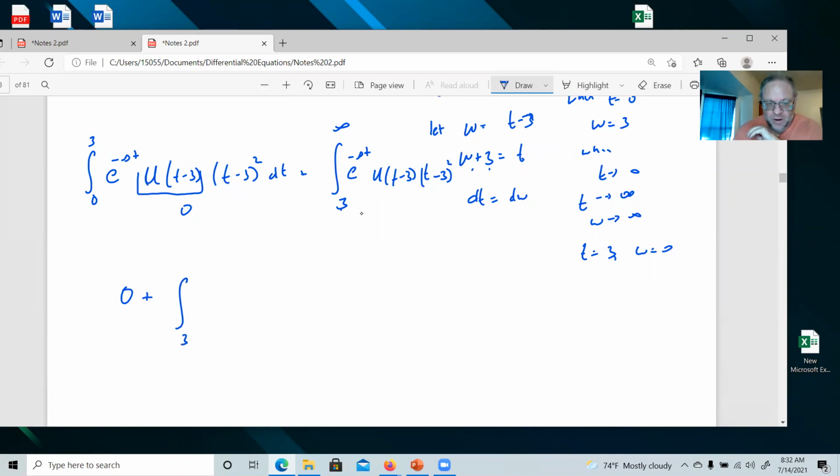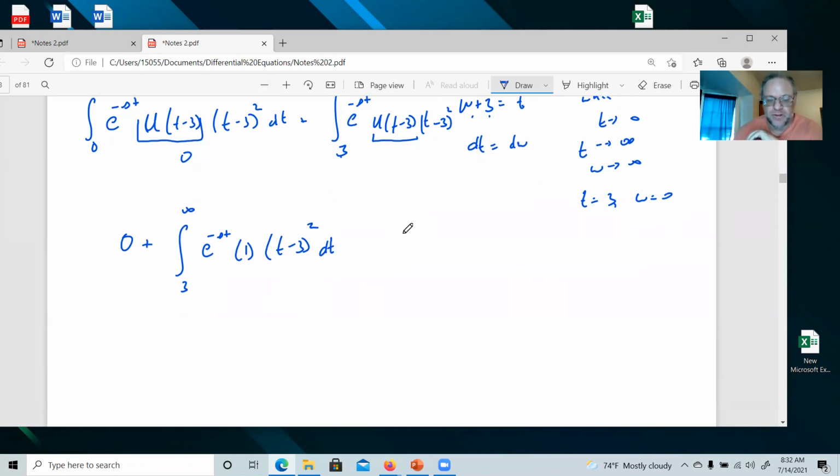Once we get to 3, this unit step function is now 1, and we just have the integral of e to the negative st times t minus 3 squared dt. Here's my change of variable: I sub w for t.